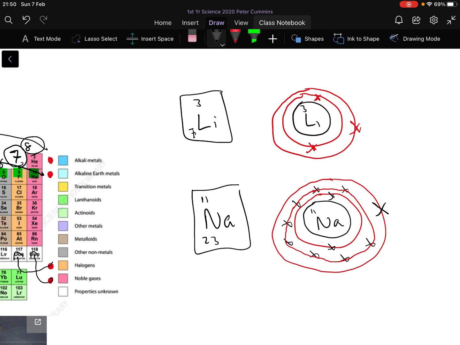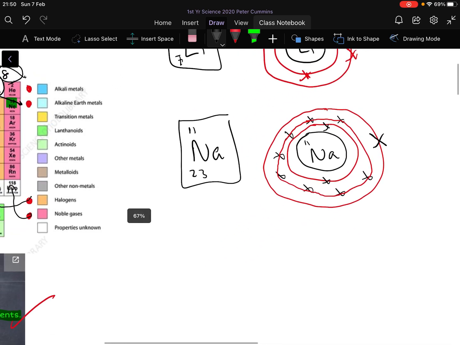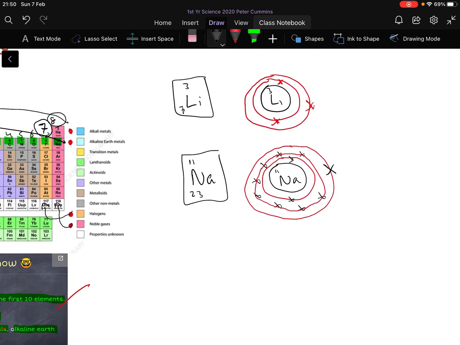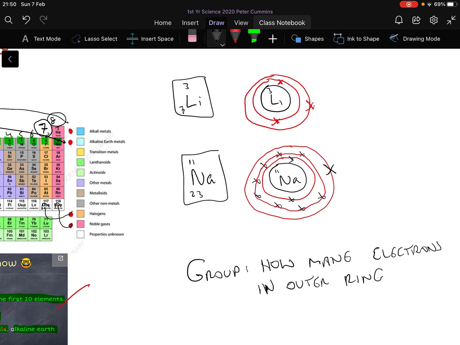Now I'm looking at these two and I'm thinking, right, if I want to know what group these are in, how many electrons in the outer ring?